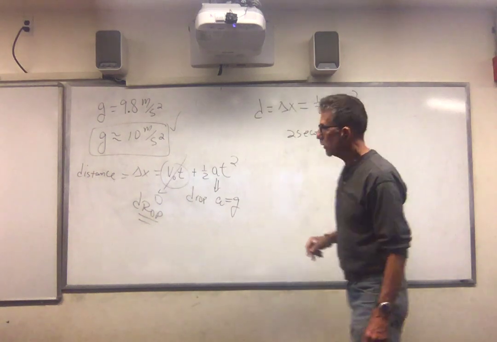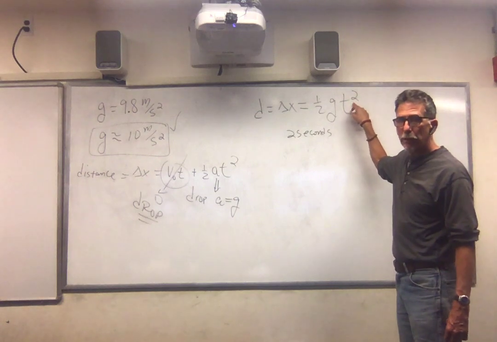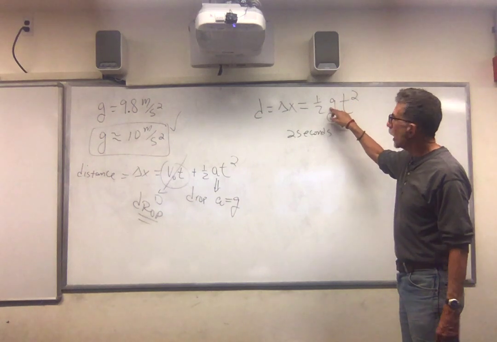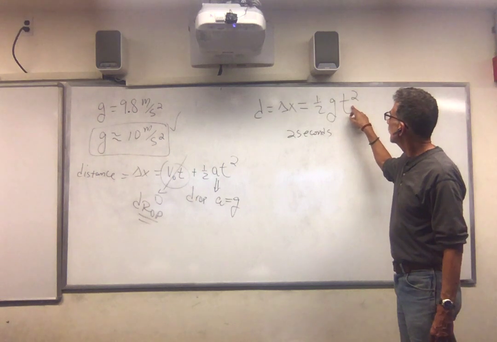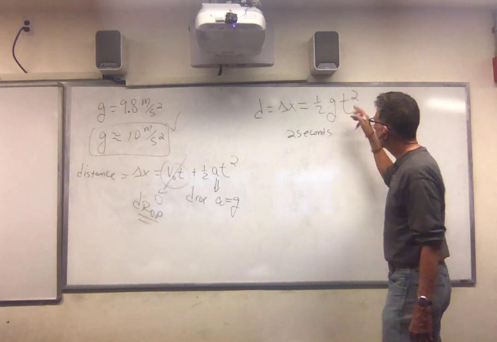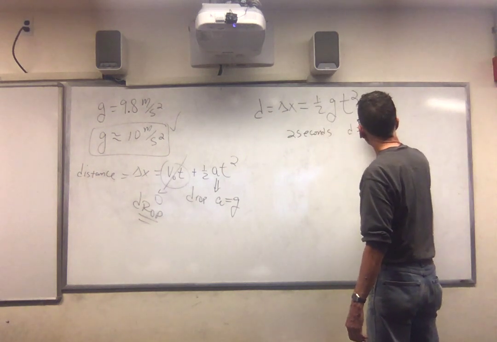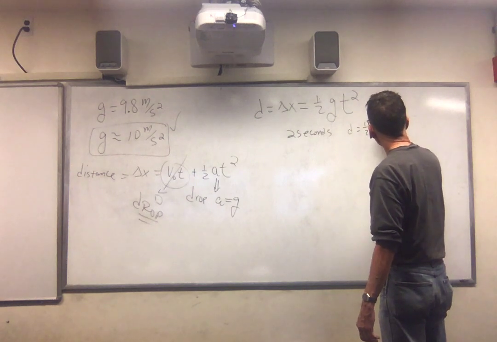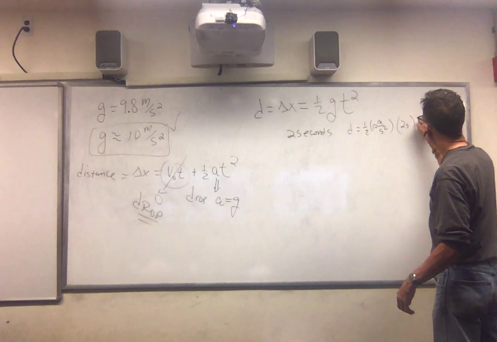Let's do this together, okay? What is t? T is 2. 2 squared is 4, times 10 is 40, correct? Half of 40 is 20. So d equals 1/2 times 10 meters per second squared times 2 seconds squared.